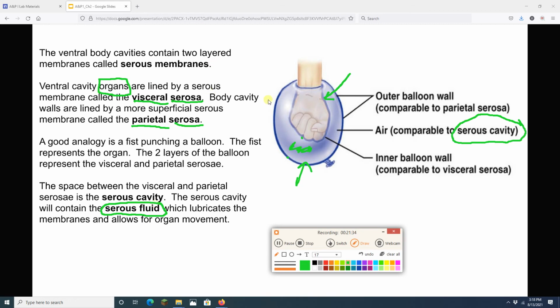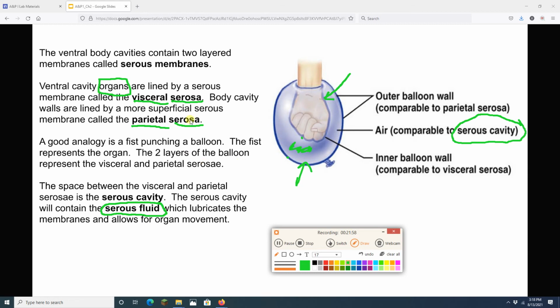The inner of the two in the double membrane is called the visceral serosa. The word visceral means guts. So the thing on the actual organ, kind of makes sense, is the visceral serosa. The outer layer is the parietal serosa. Parietal means wall. So you can think about it as being like the outside wall.